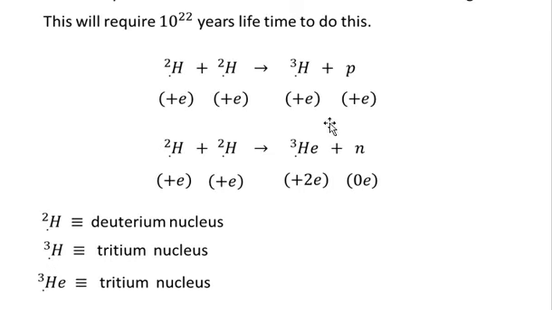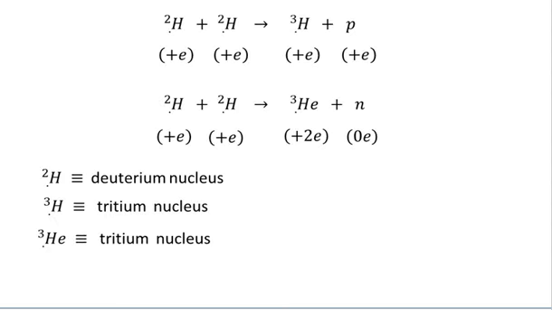You can see that the charges are conserved in the reaction. Let's consider another: deuterium plus deuterium gives helium-3 plus a neutron. The charge on each deuterium is plus e, on the helium nucleus plus 2e, and on the neutron 0. Again, conservation of charge is valid.